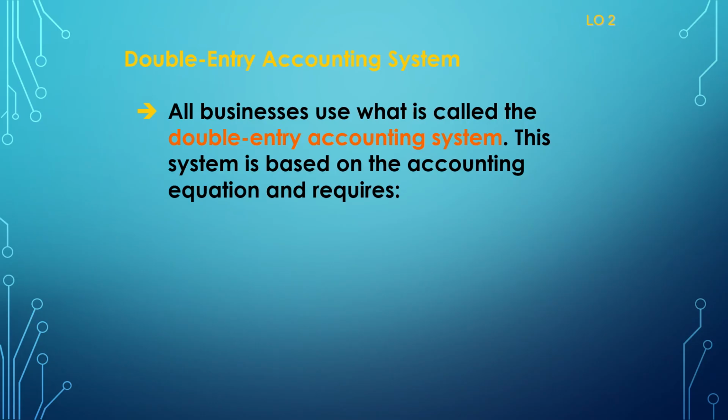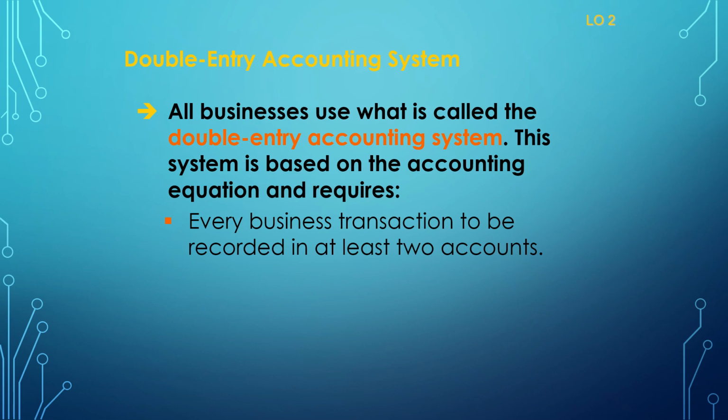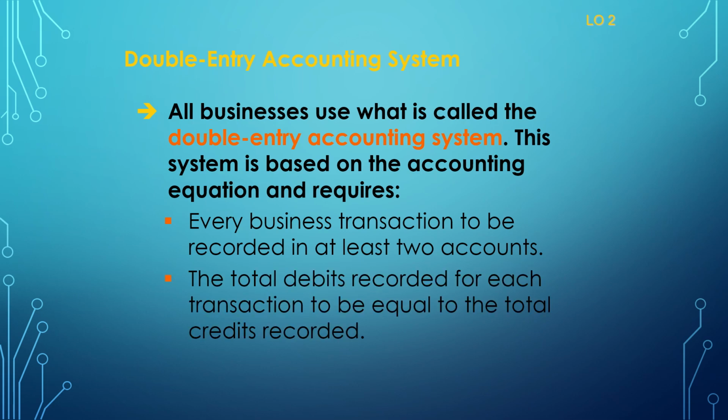So this system is based on the accounting equation and requires that every business transaction be recorded in at least two accounts. So not one, but two. So two or more, because it is at least, right? And the total debits recorded for each transaction should always be equal to the credits.